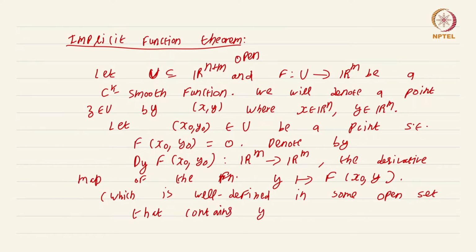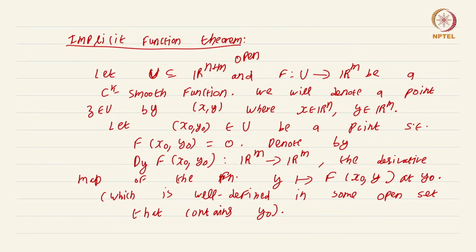Okay, so this map we are assuming, denote by dy the derivative. Of course, this derivative will exist because f is a ck smooth function. So derivative of the function at y naught. Of course, that's crucial. I have not specified what the point is.